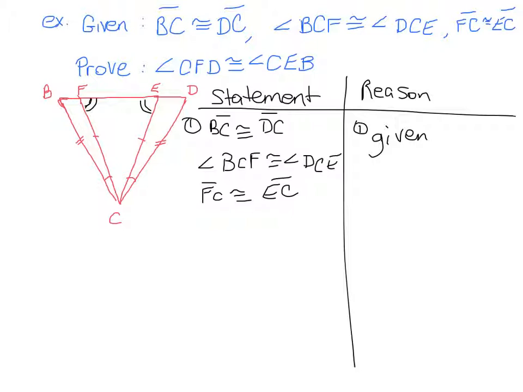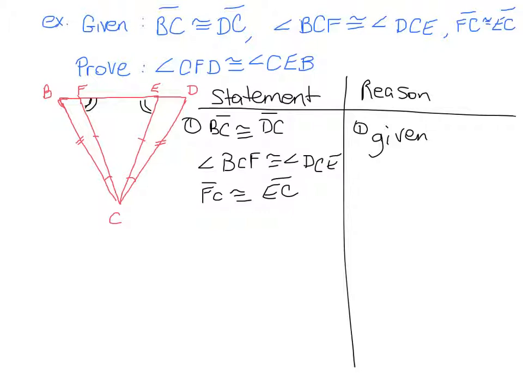From that we can keep going. According to our side angle side postulate, if we have two sides and the angle in between congruent to two sides and the angle in between, that is enough to tell us that our triangles are congruent.